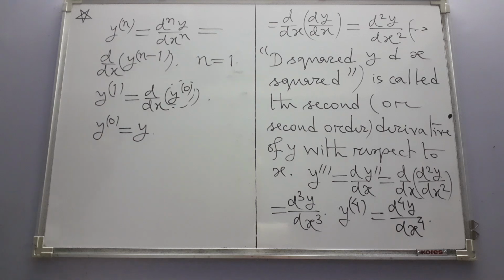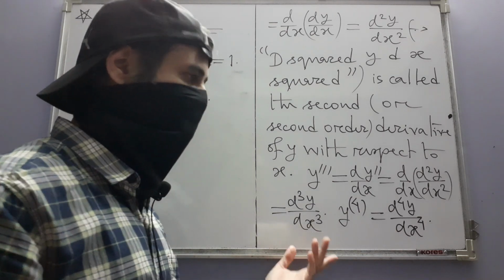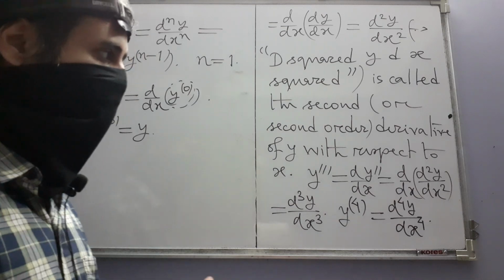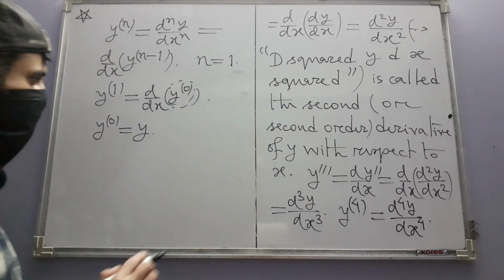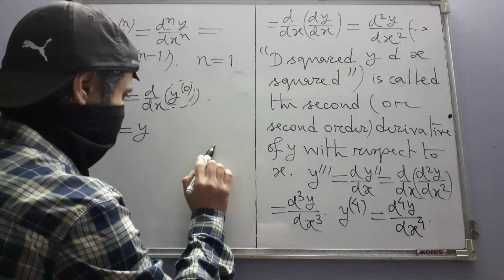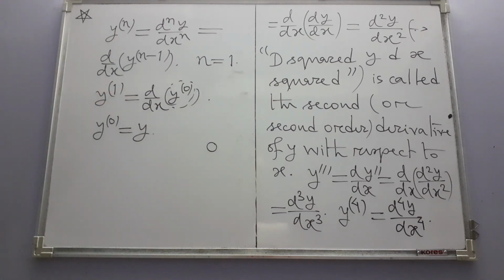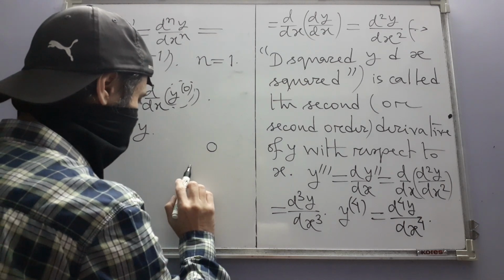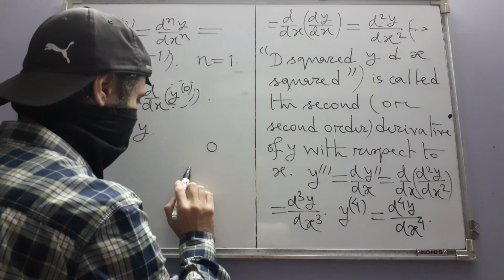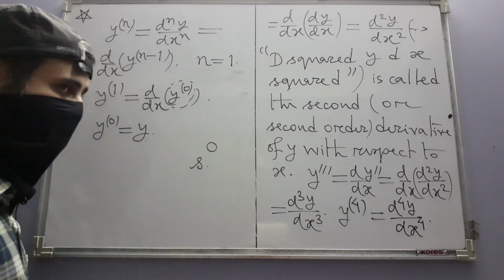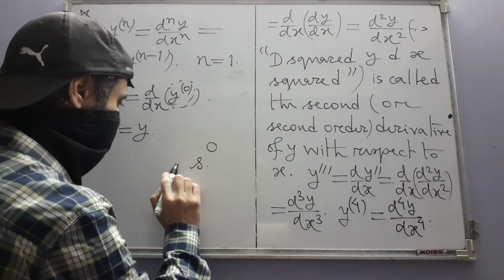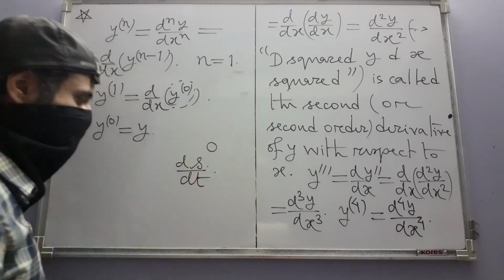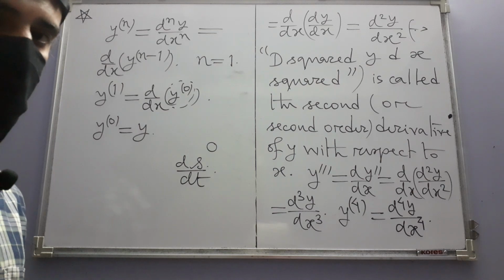So they also appear quite often, and you already know how they appear in classical mechanics. For example, if you have something which is moving, changing position in time, then you can calculate how far it goes in what interval of time, and you can differentiate that distance by time to get speed.